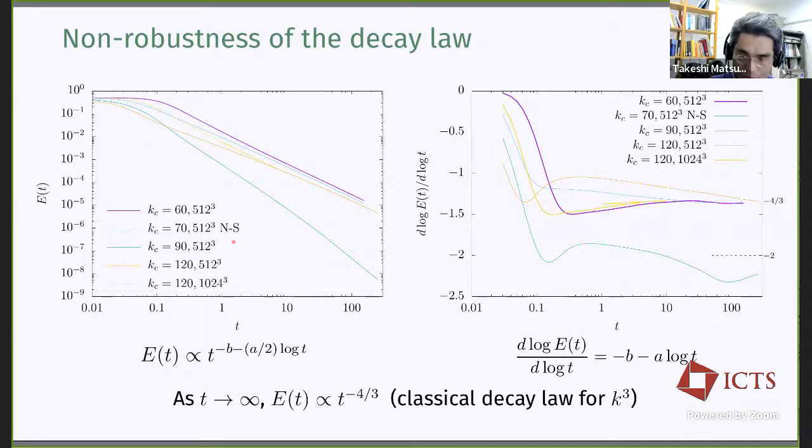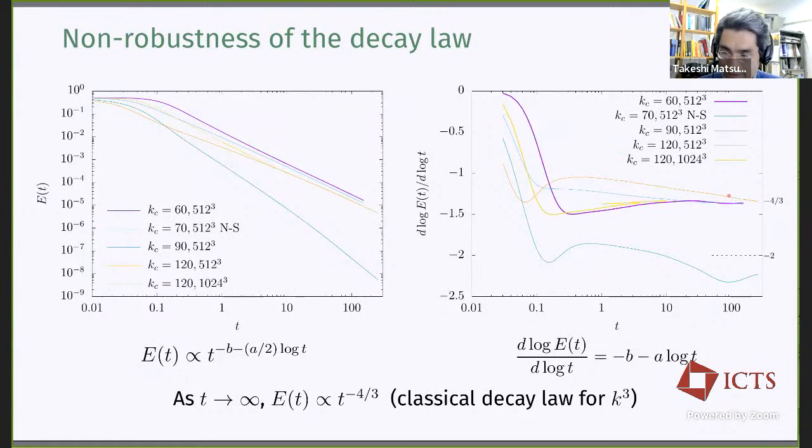I then took the logarithmic local slope of the total energy, and it looks like this. The logarithmic local slope starts to decrease, then it turns up and goes up slowly, and then it reaches some constant. In some cases, its approach to the constant is from above; in other cases, the approach is from below. So the behavior in the intermediate time depends on Kc, the wave number where the initial spectrum is localized.